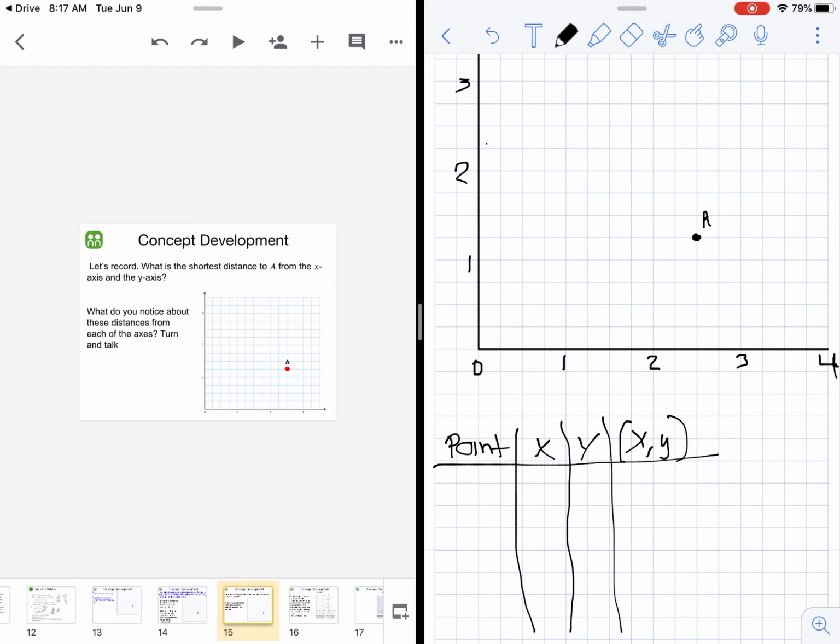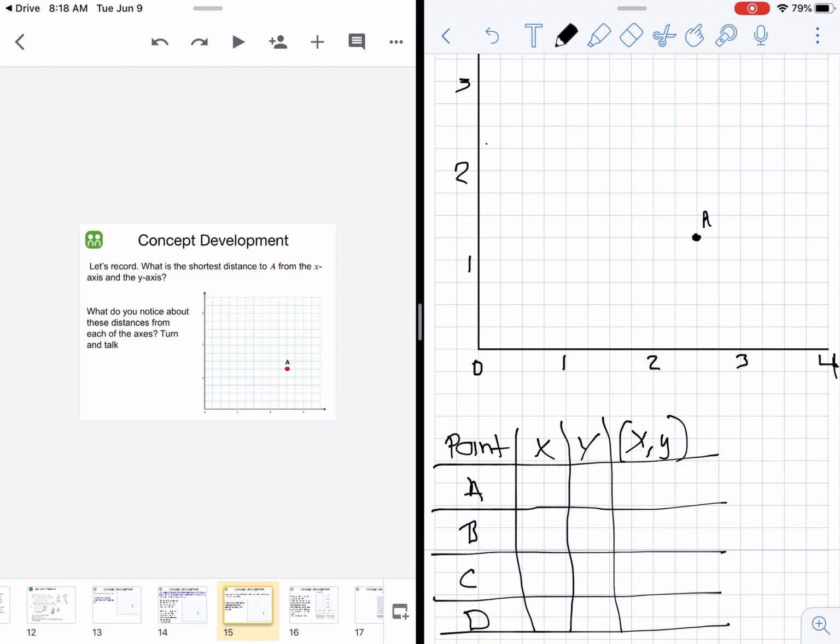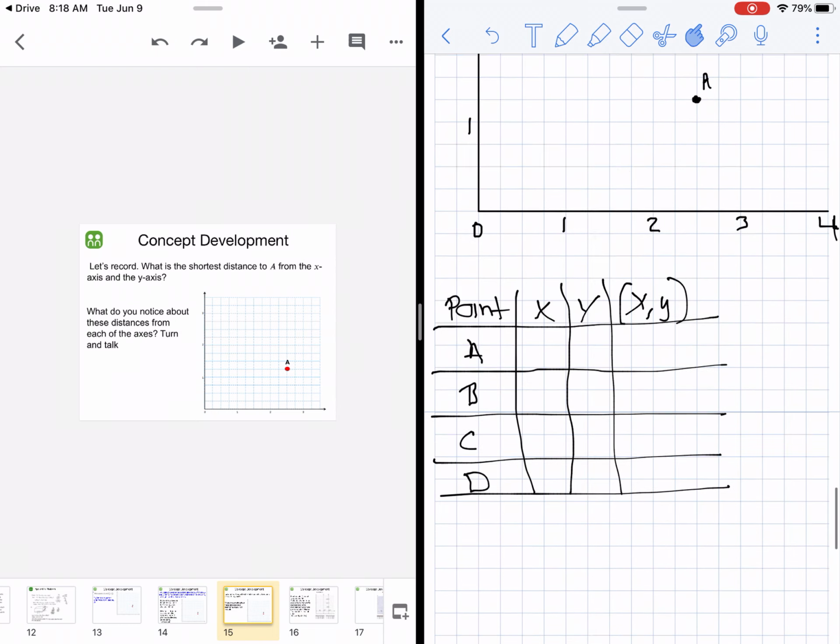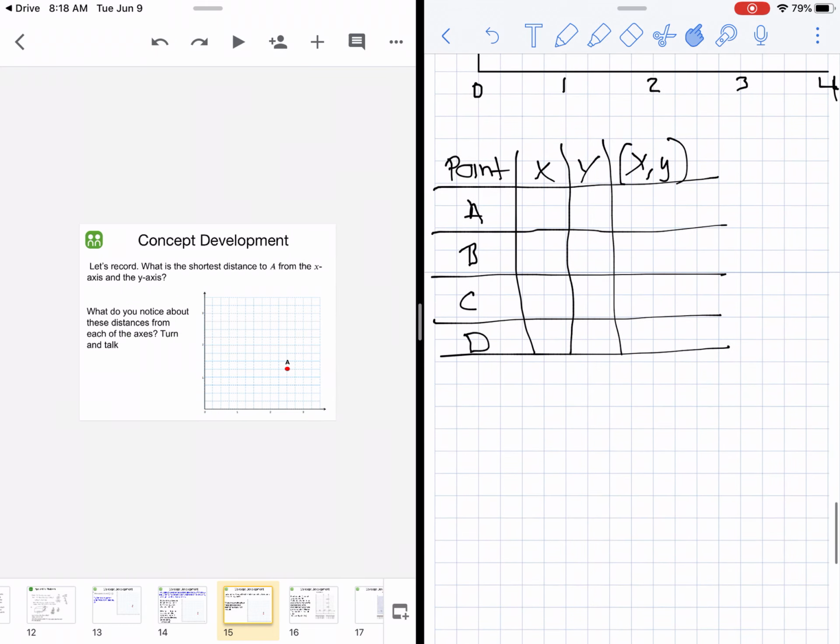So we're going to have A, B, C, D, E, and F.